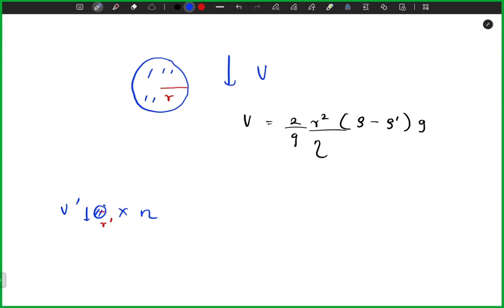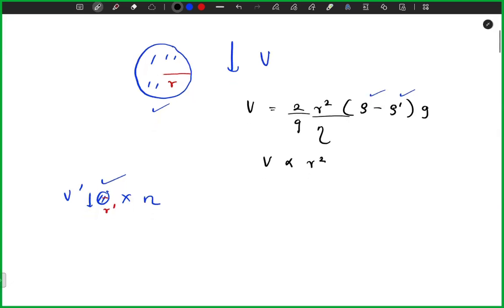And of course, both of these situations have oil drops which have the same densities, right? So the density factor is also the same. The surrounding medium is also the same. Therefore, rho dash is also the same. And it's, of course, under gravity. So now, can you see, I can say terminal velocity is proportional to what? R squared. Because everything else is a constant, right?